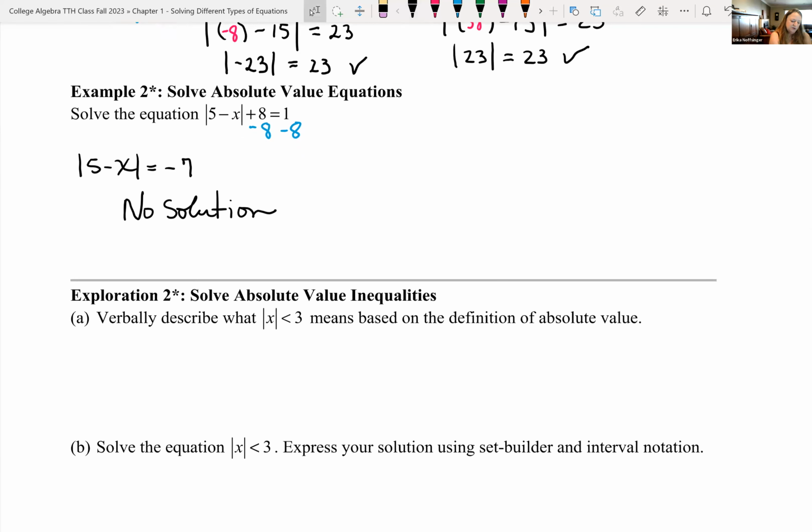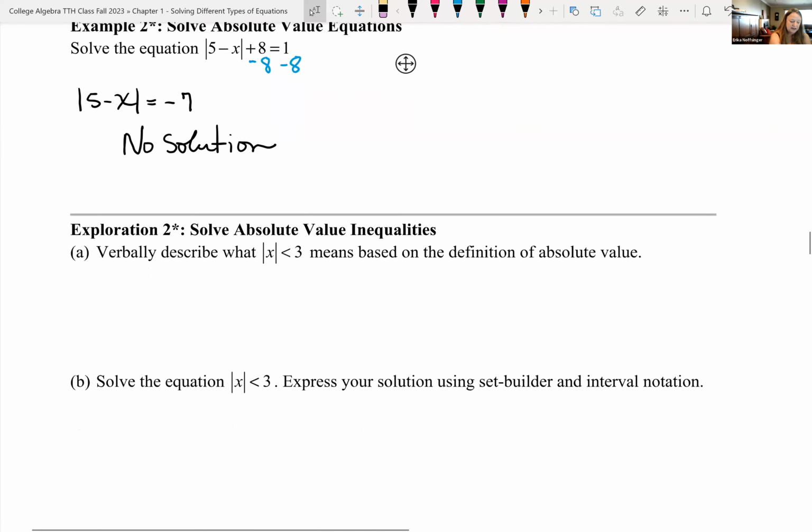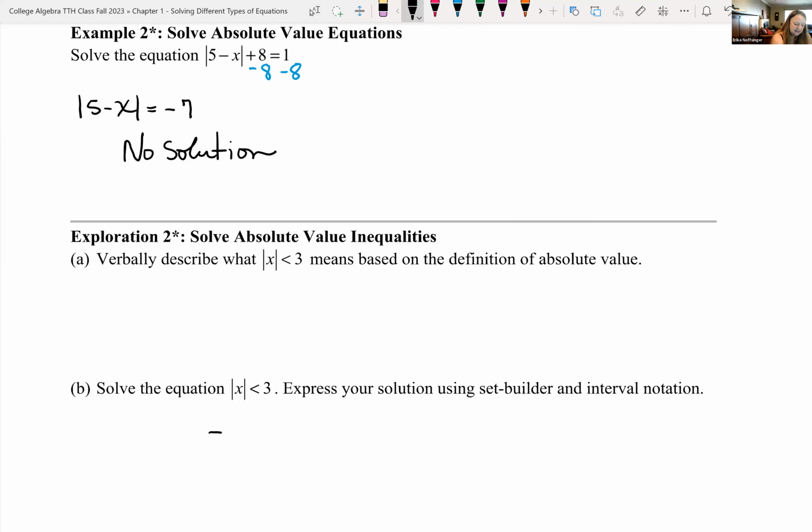If you're going to solve an equation with a less than sign and you have an absolute value, you want to sandwich it in between the negative of the one side and the positive of the other side. So when it asked us to solve the absolute value of x is less than 3, we're going to look at -3 is less than x is less than 3.